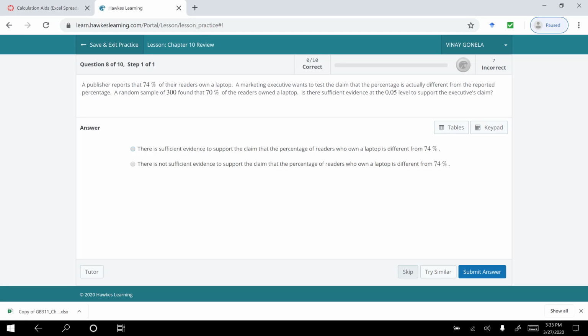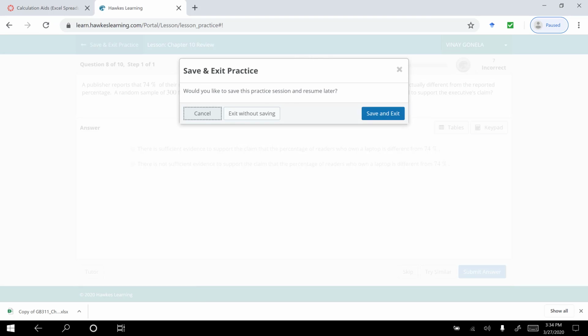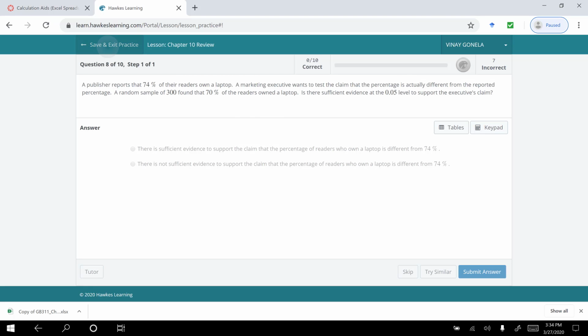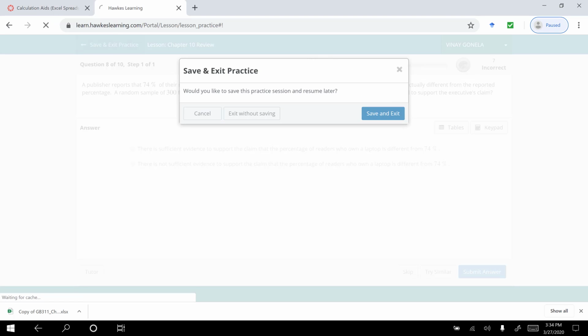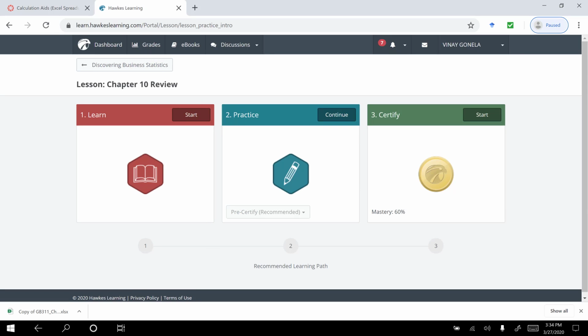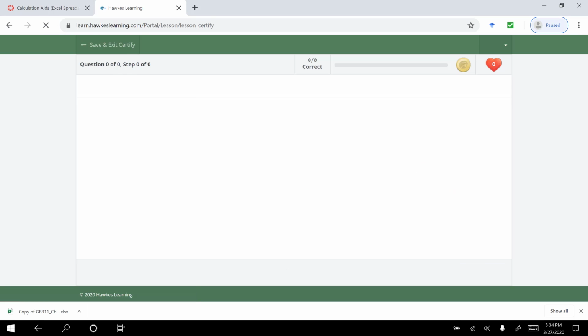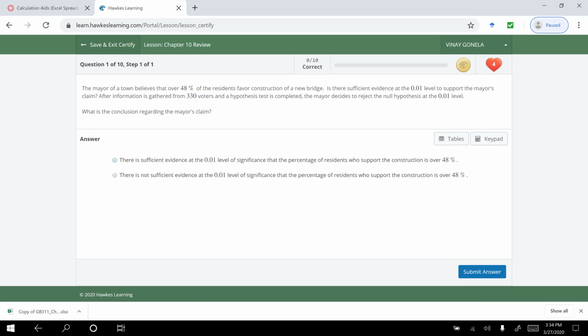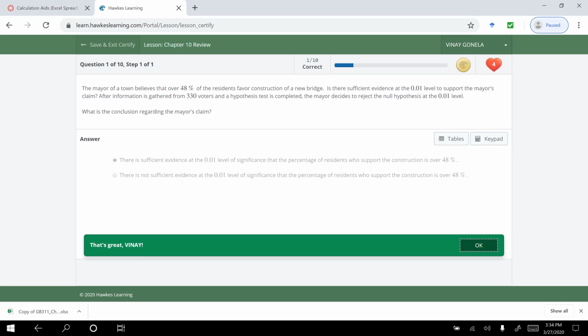Let me go and see if I can find one more problem on this and see if I can solve that. I will just look at some of these problems so that I can get a two tail Z problem.